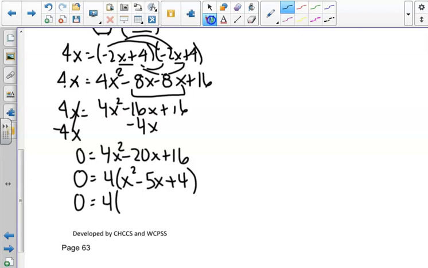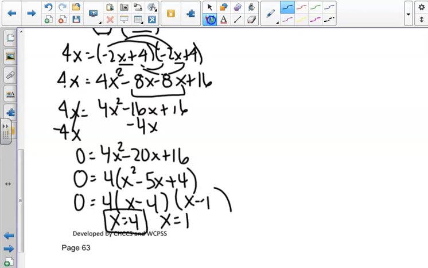Factoring that further, we will have x and x, and two numbers that multiply to 4 and add to -5 are -4 and -1. So therefore, when we set x minus 4 equal to 0 and x minus 1 equals 0, x should be +4 and x should be +1.